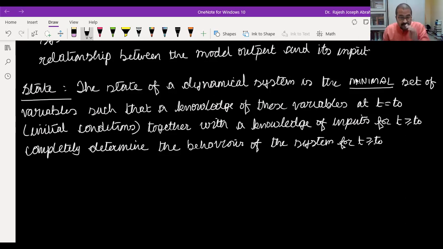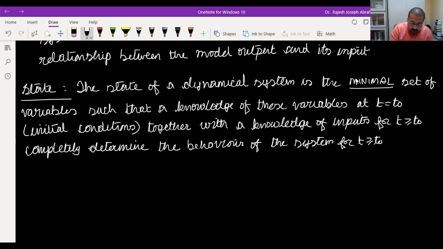So knowledge of initial conditions together with the knowledge of inputs can completely determine the system behavior for any time t greater than or equal to t naught. That is what is called the state variable.